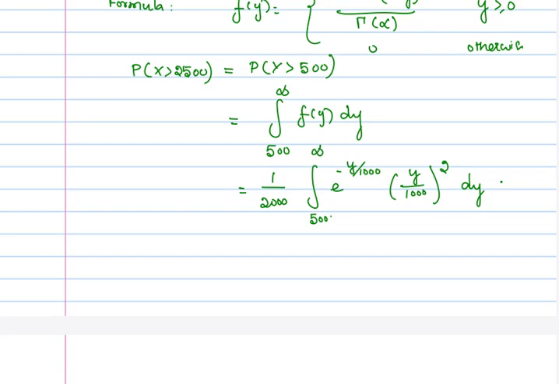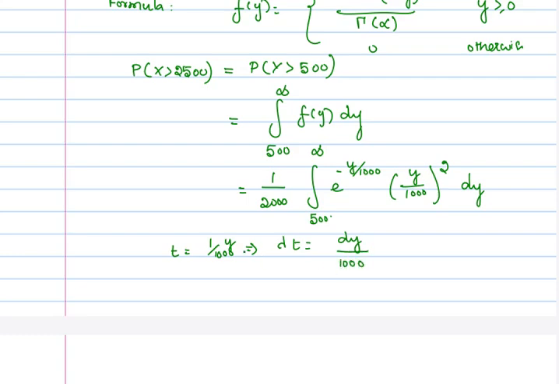Now my aim is to integrate, so please integrate carefully. Take t equal to y over 1000. This implies dt equal to dy divided by 1000.